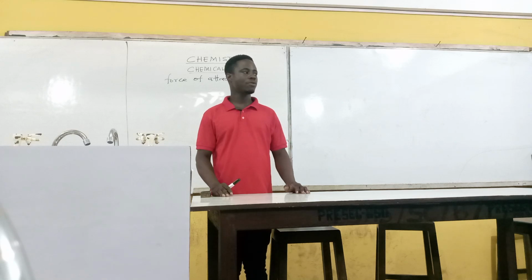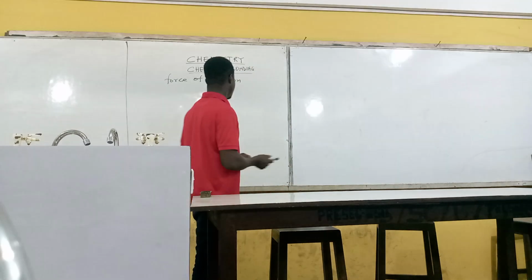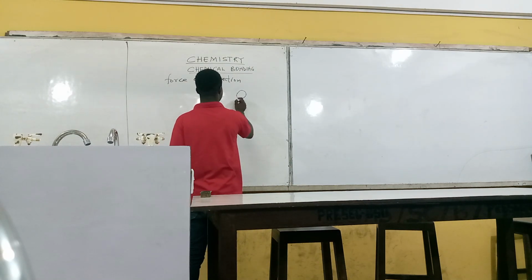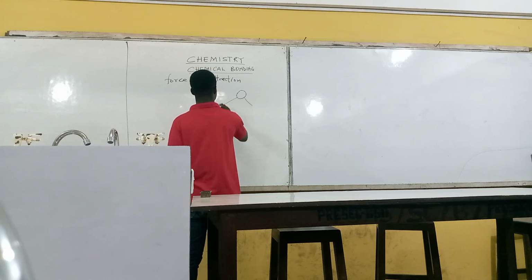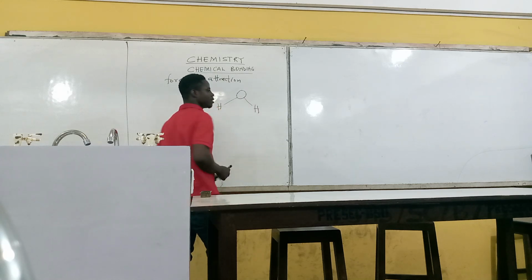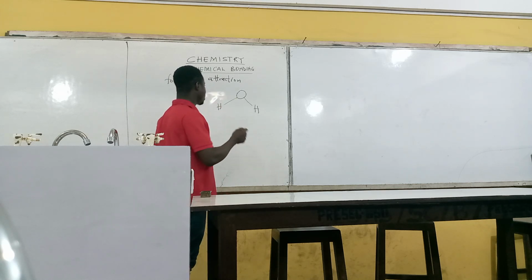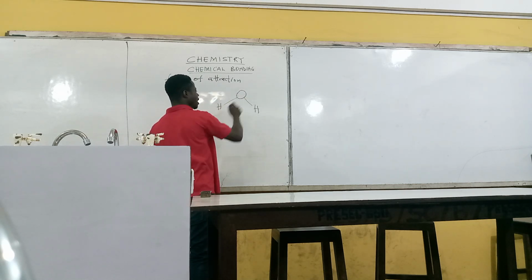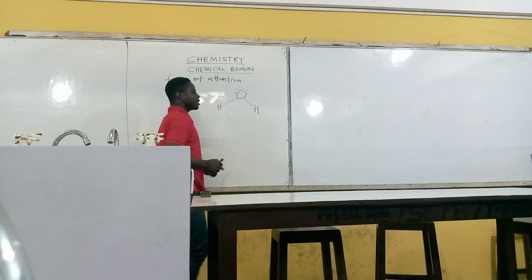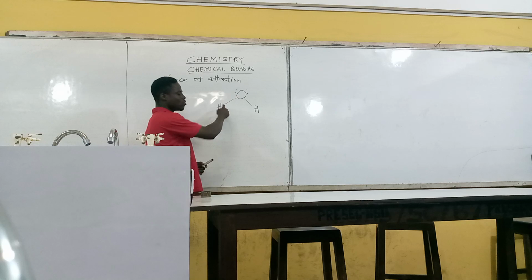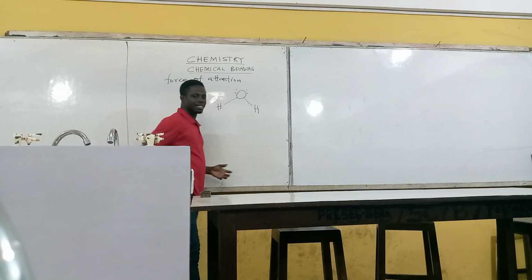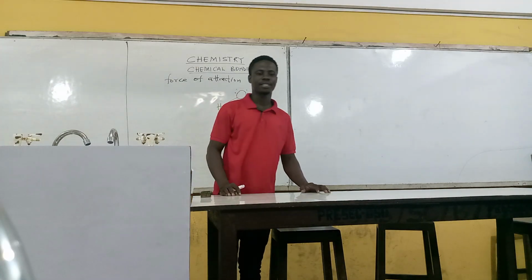For instance, if you pick this water molecule, the force of attraction existing between this oxygen and this hydrogen, this force of attraction, or the line drawn here, is what we call a bond. So anytime we see these lines in chemistry, we are talking about a bond.